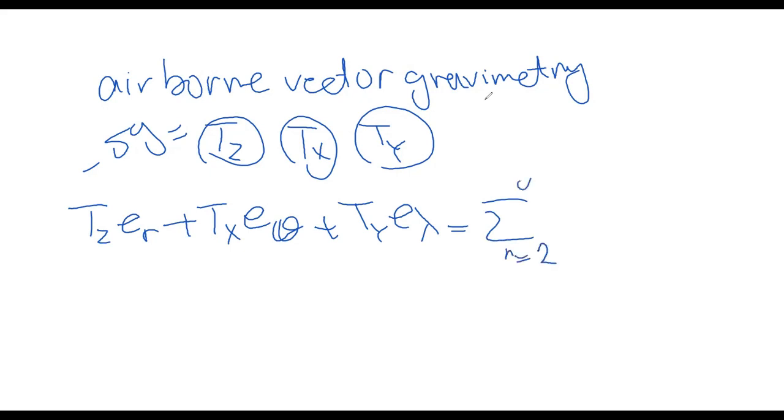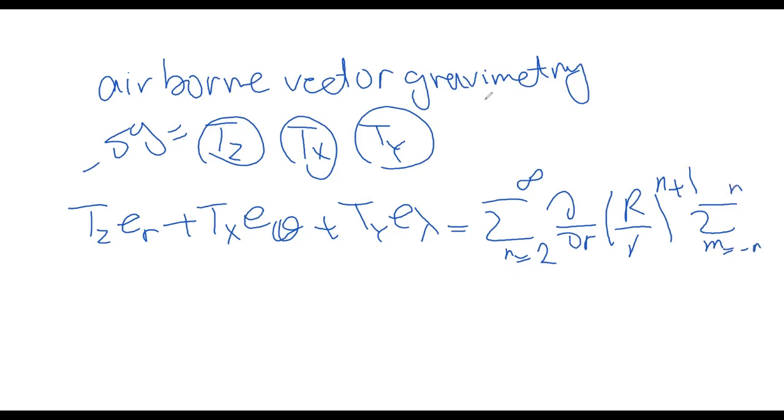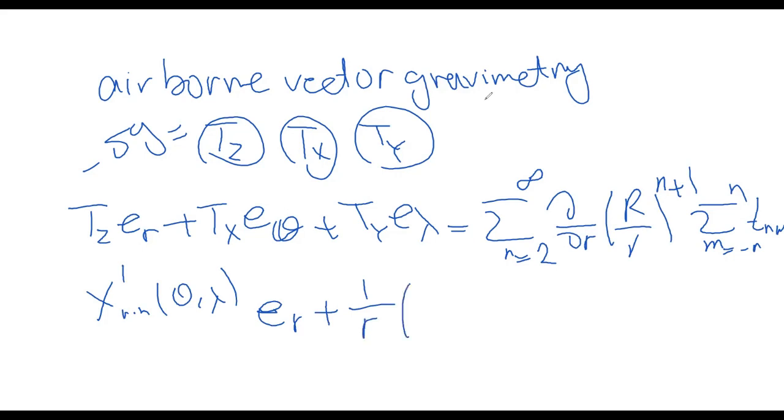Let me start from 2, and the first one was, if you remember, 1 over r, and plus r, and it was the summation of T_nm, and I write x1_nm(theta, lambda), plus 1 over R^(n+1).